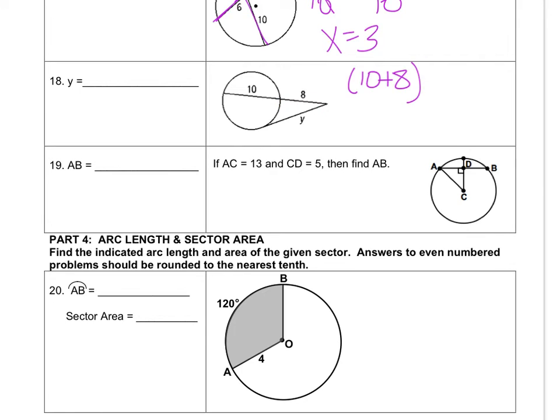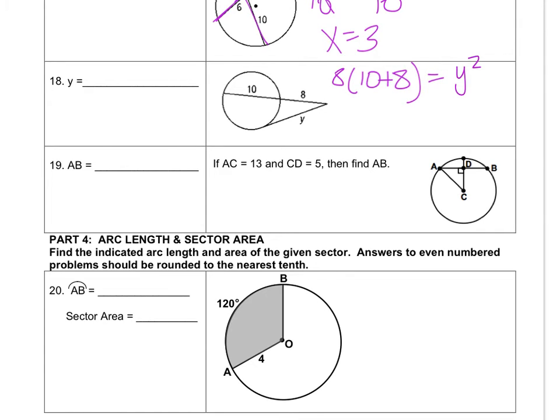Well, 8 is outside the circle, so I'm going to multiply that sum by 8. Now if you look at the bottom part, it's only tangent to the circle from the exterior point. So since it does not go through the circle, you're just going to take this value and square it. So y times y is just y squared. And that is the formula that we're going to use.